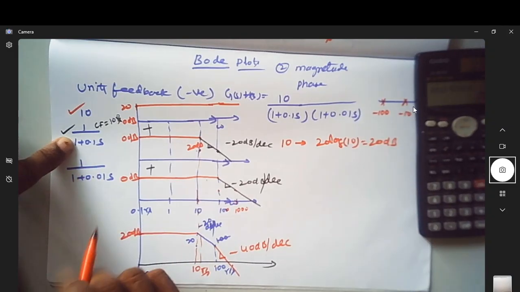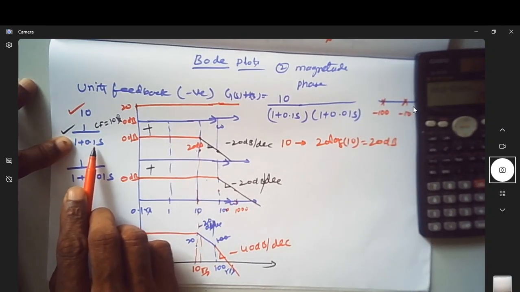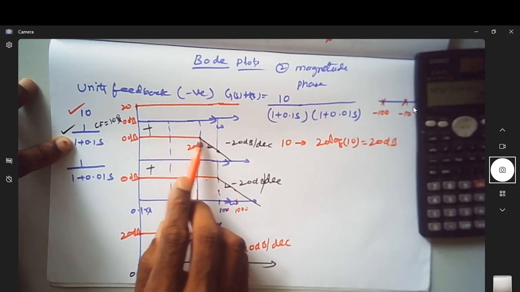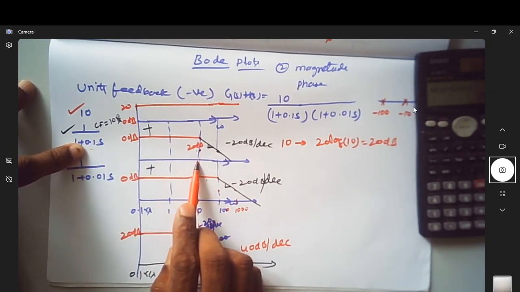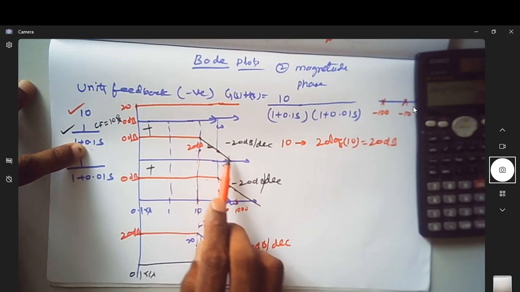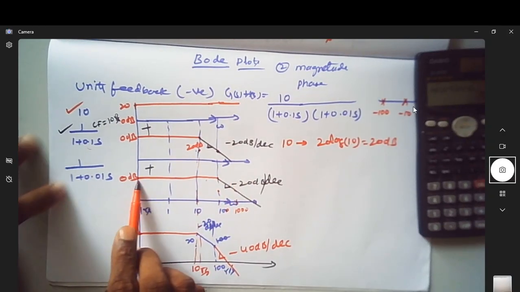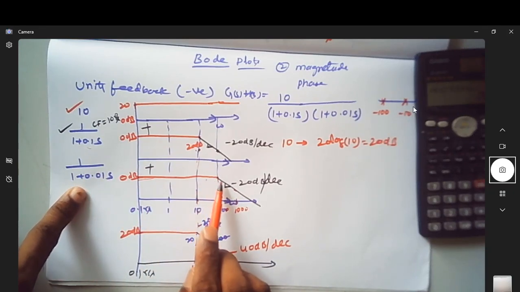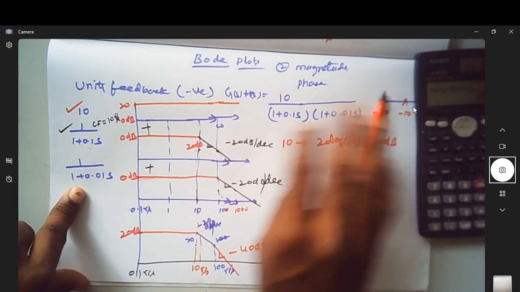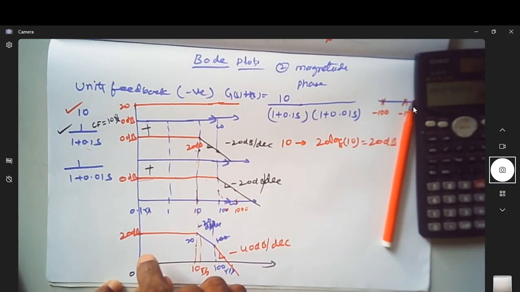We know that if you have a pole at 1 over 1 plus 0.1s, it will be a 0 dB line till the cutoff frequency, which is 1 over tau, that is 10 radian per second. Afterwards, it decays with a slope of minus 20. Then this is again a 0 dB line till 1 over tau, that is 100 radian per second. Afterwards, it goes down. Next, once you are done with the individual plots, I need to draw the overall plot.